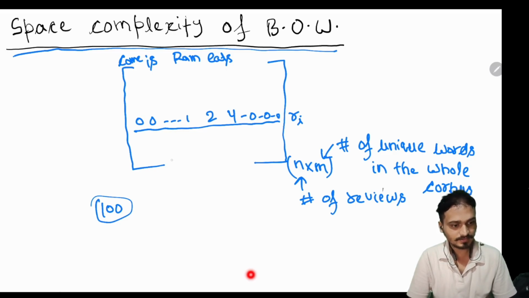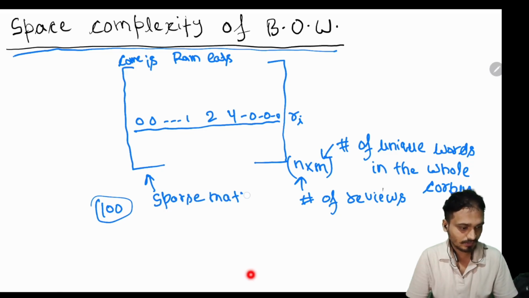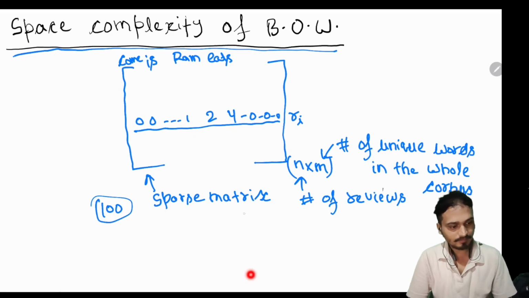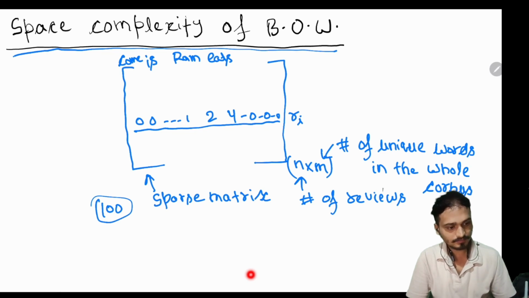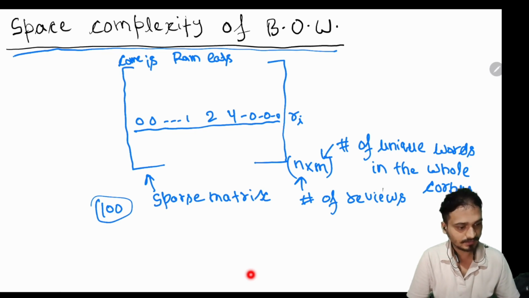Yes, and first I want to tell you that this kind of matrix is called a sparse matrix, where the majority of elements are zero and very few are non-zero. So let's move on to the next slide. We'll see a little bit about this sparsity.